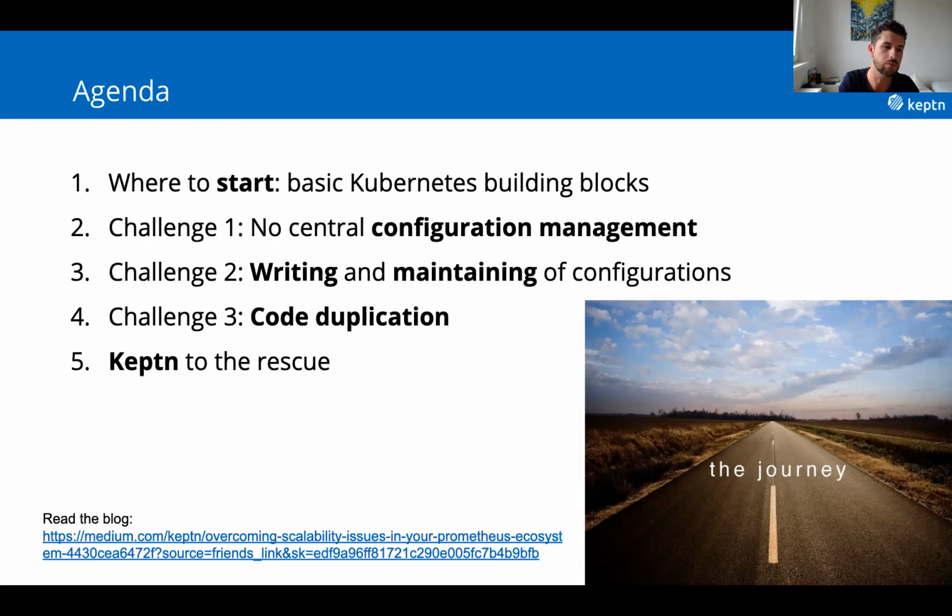And then I will talk a little bit about the open source project Keptn in the context of scaling Prometheus, but also about other things it can do. Parts of it, especially the first part, are based on a blog I recently wrote, and the link is also provided here if you want to take a look at it.